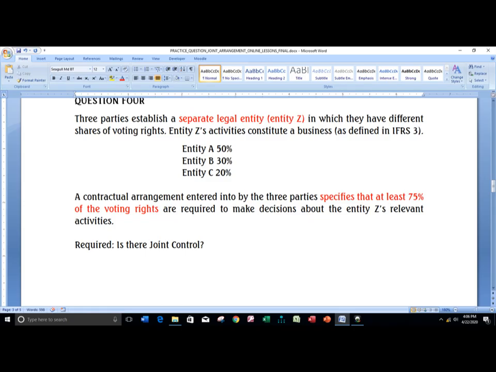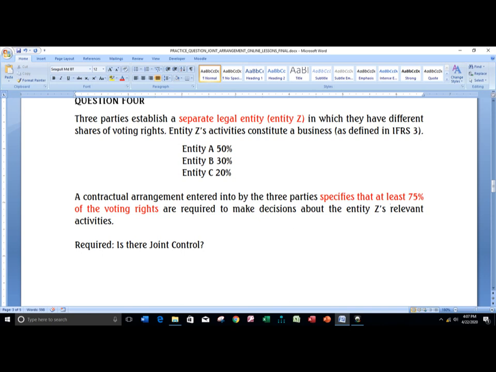Now 50 will not meet up with 75%. 50 plus 30, 80%, exceeds 75%. This means A and B can come together, and if they can come together, it will be at the expense of C. So A and C can come together, but they will not match that 75%.